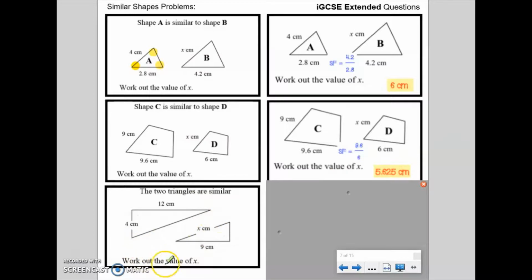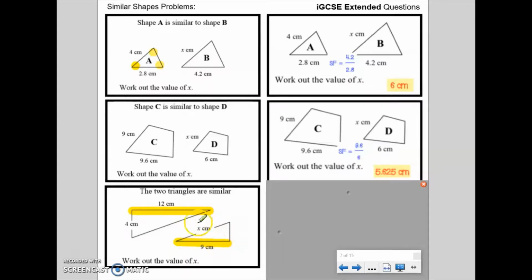If we have a look at question 3, this question's a little bit trickier because we need to bring in another aspect of maths. However, the start of the question is very similar to what we've been doing in the video so far. So if we look at this larger shape, we have this length of 12 centimeters, which corresponds to this length of 9 centimeters.